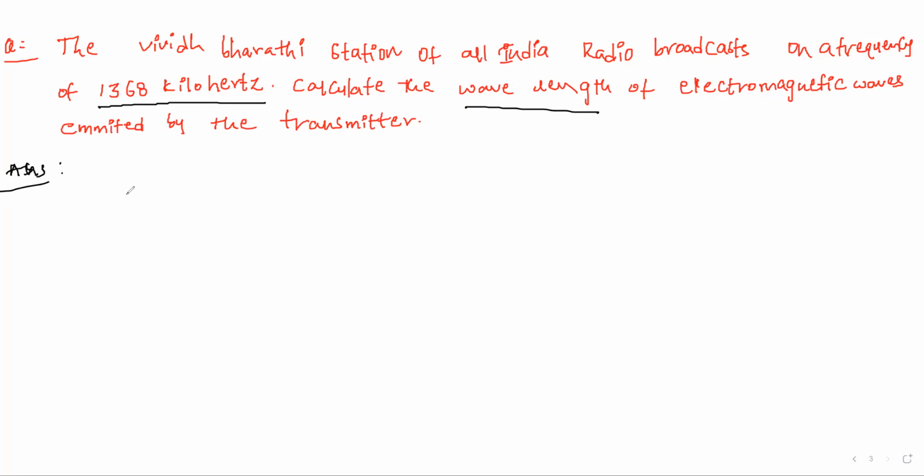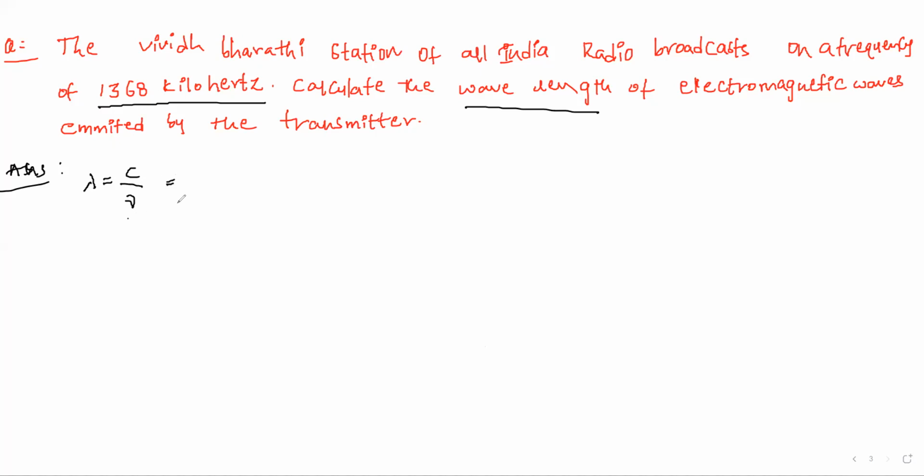So we have to use the formula: wavelength is equal to c by nu. Yes or no? That's correct. c equals nu lambda, obviously lambda equals c by nu.